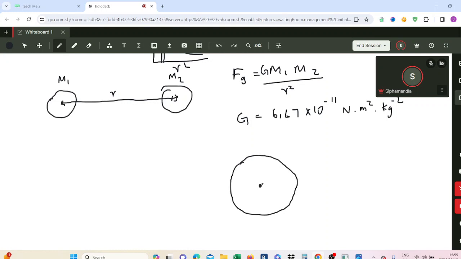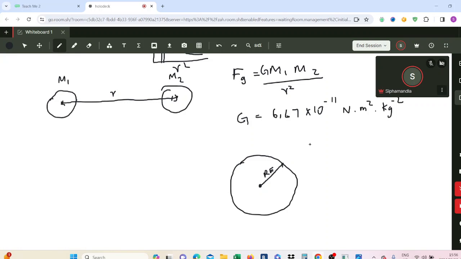If I draw a line from the center of the earth to the surface, this is the radius of the earth. The earth has a standard radius and a standard mass, and you don't need to worry about that, because it will always be given on your formula sheet.